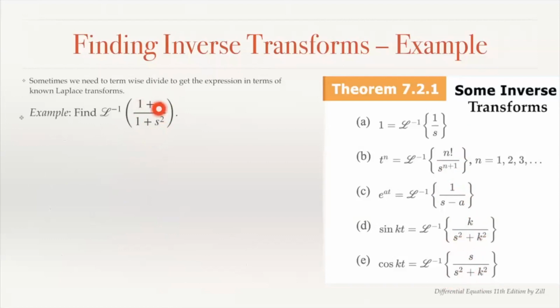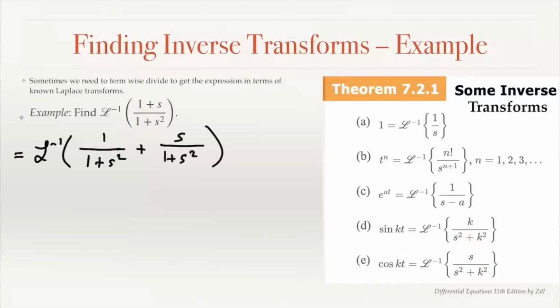Up here, we have a 1 plus s. If we separate this into 1 over 1 plus s squared plus s over 1 plus s squared, then this guy looks like sine, while this guy looks like cosine. And the inverse Laplace is linear, so we can break that up into the 2 pieces.